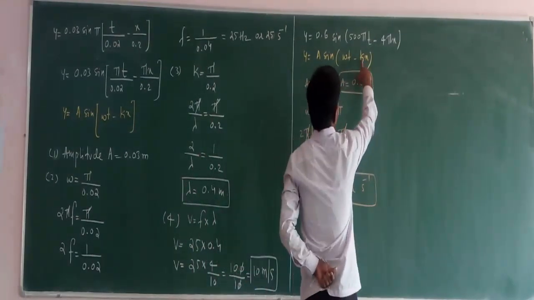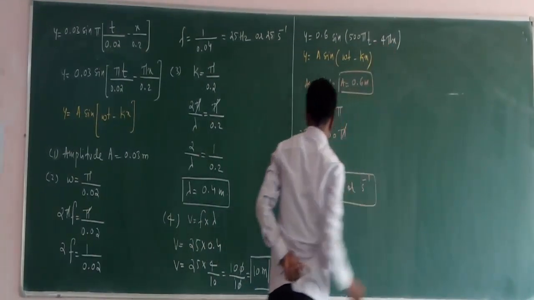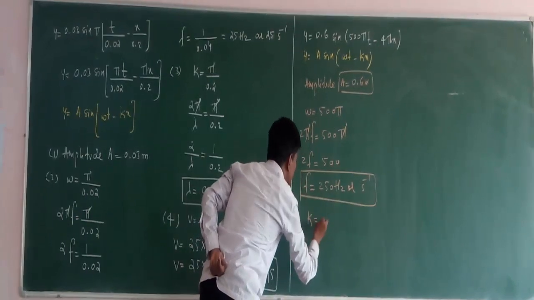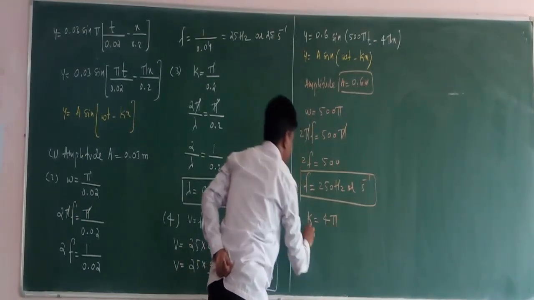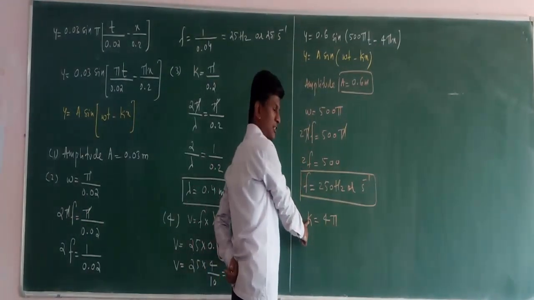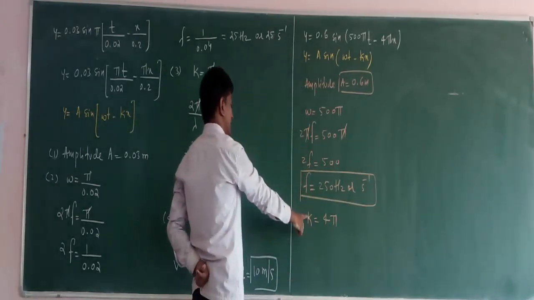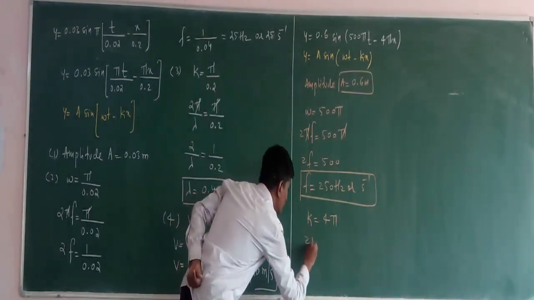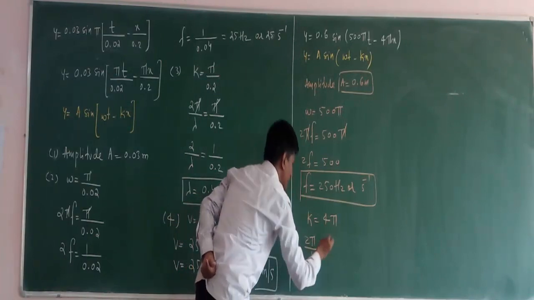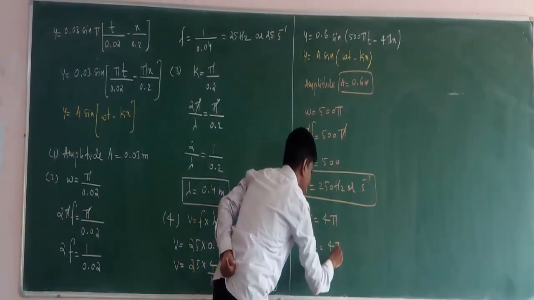After getting the amplitude and frequency, now we have to calculate wavelength. So in place of k we have 4 pi. So k equals 4 pi. K is nothing but a propagation constant or angular wave number, and k is replaced by 2 pi by lambda equals 4 pi.